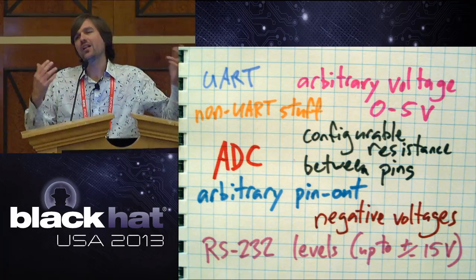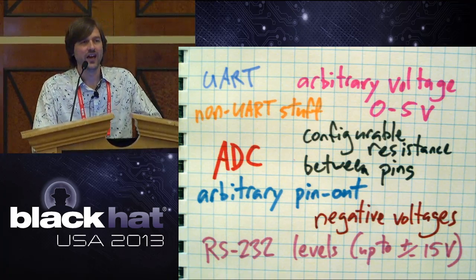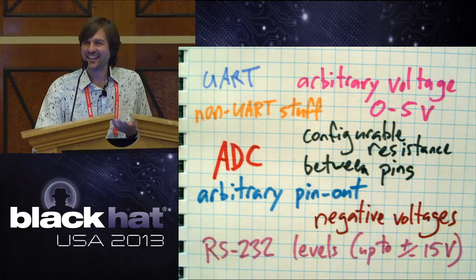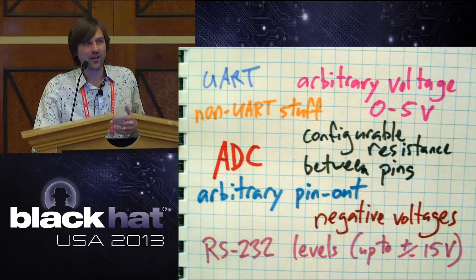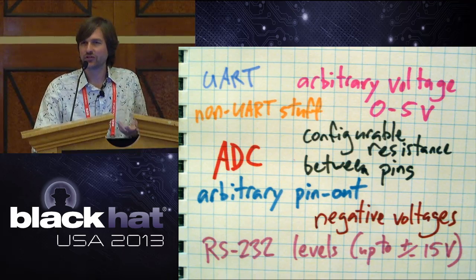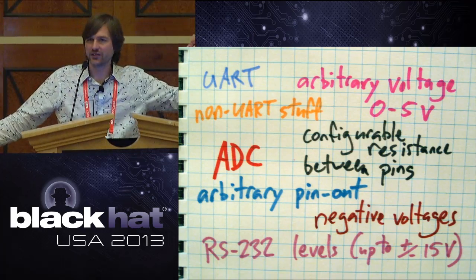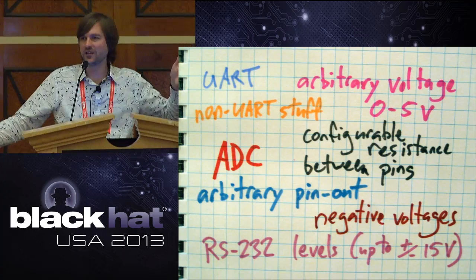And then I thought, well, hey, if I'm supporting negative voltages anyway, why don't I implement RS-232 levels? Because that uses these big plus and minus voltages. I'm going to have a negative rail and a positive rail anyway. Why don't I just make them big rails so I can support up to plus or minus 15 volts?